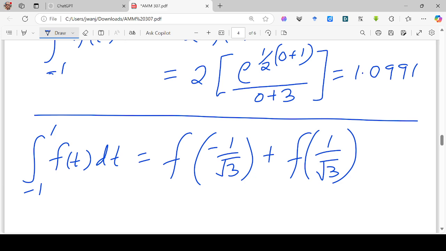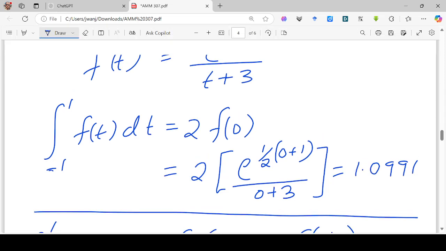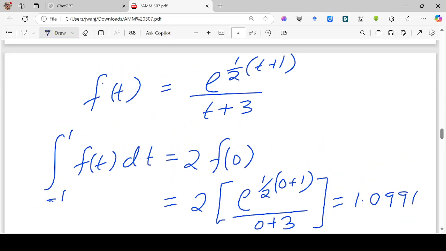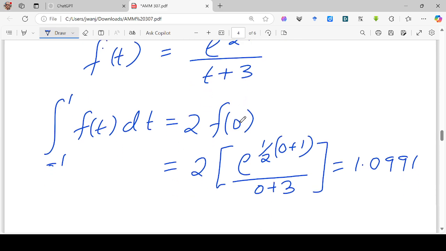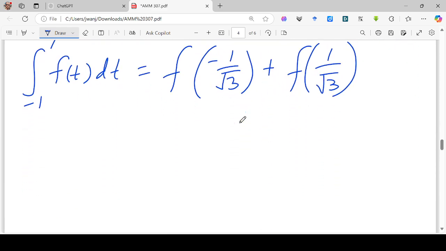Remember our function is e raised to power half times (t plus 1) divided by (t plus 3). So we evaluate that at the points -1 over root 3 and +1 over root 3, then add.